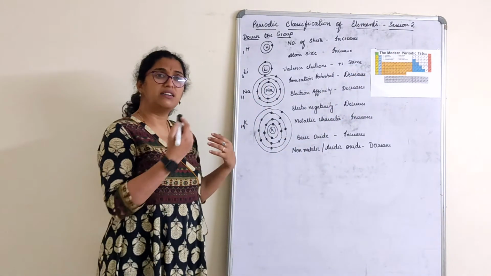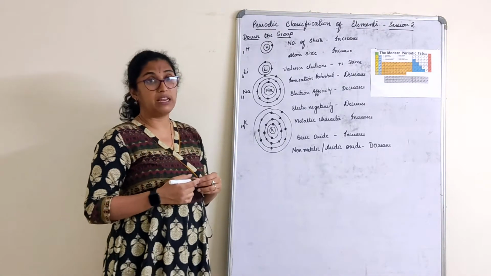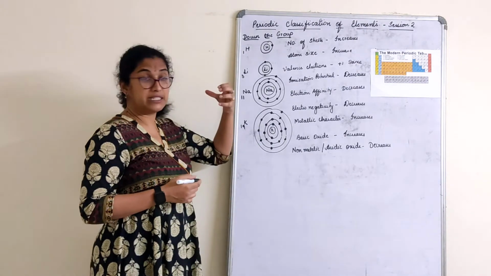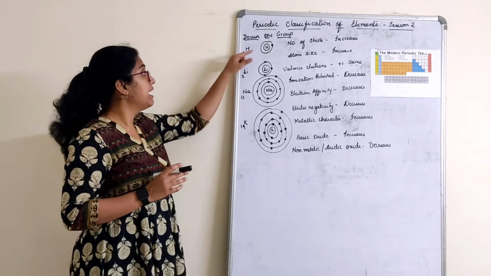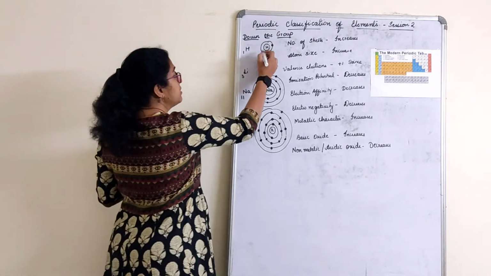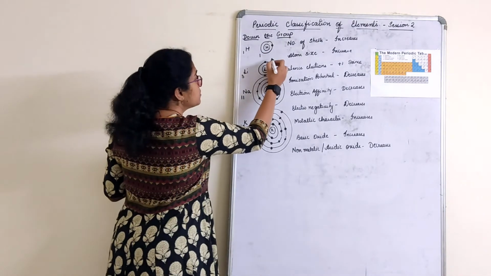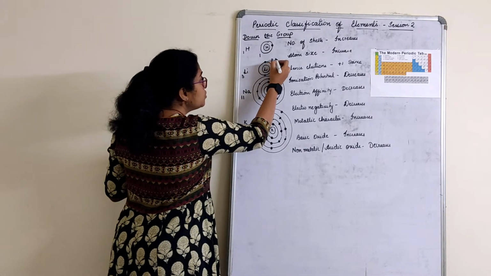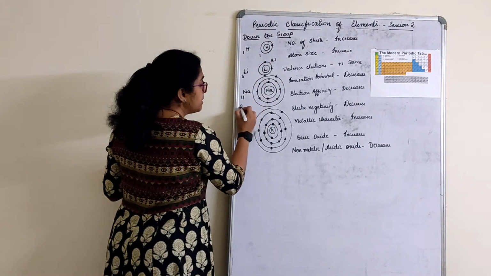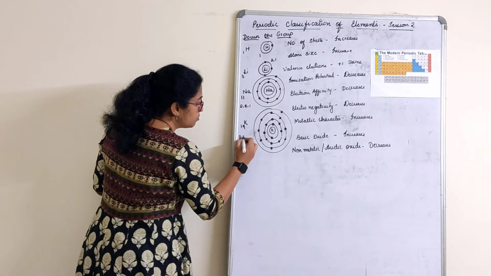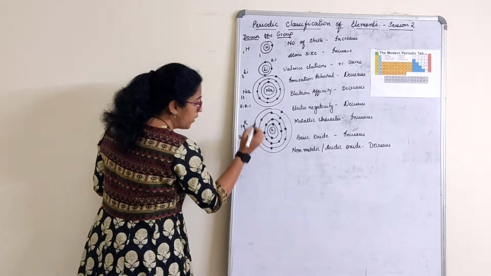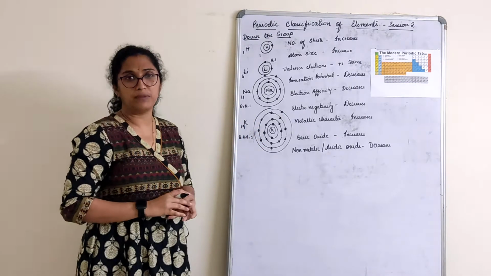Now random elements I have chosen: hydrogen, lithium, sodium and potassium. Electronic configuration when you write: this is 1. This will be 2, 1. This will be 2, 8, 1. This will be 2, 8, 8, 1. We all know how to form this.